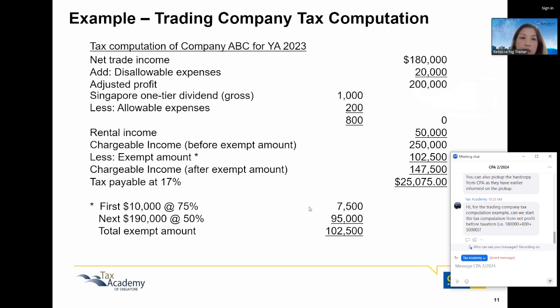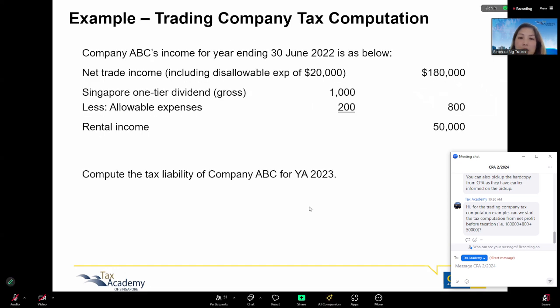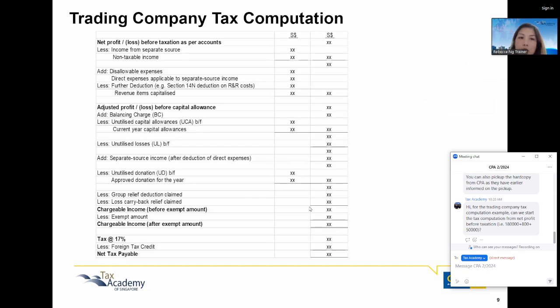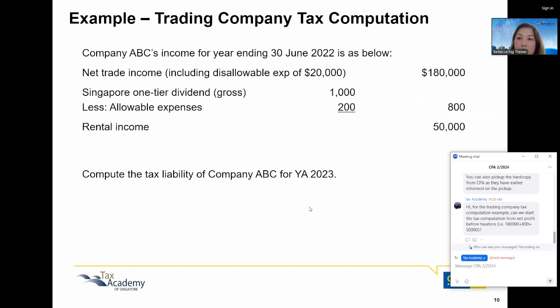So for slide 11, because they did not provide a net profit before tax amount, if you add up the amounts to arrive at the net profit before tax, then you can use this format, okay? Because always we look at the net profit before tax for a trading company tax computation. So in this case, because they do not have the net profit before tax, that's why we have added up them category by category.